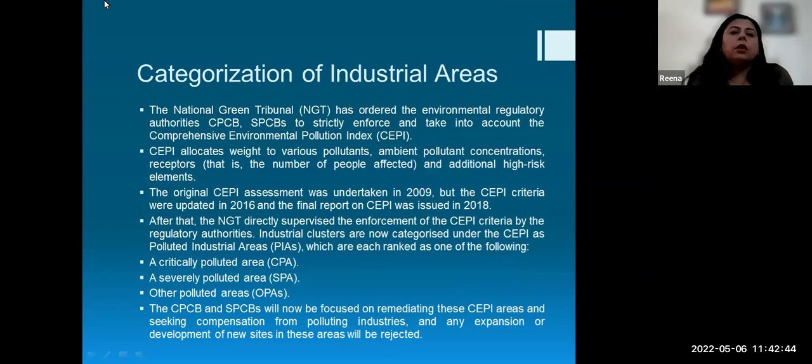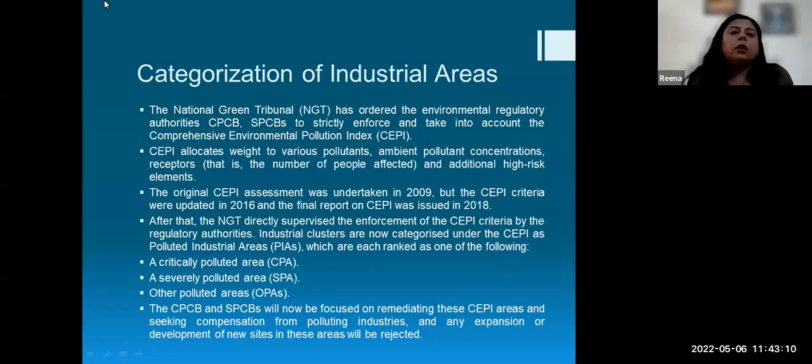All those pollutants have been given some credits or weightage. Dependent on that weightage and the receptors, the number of people affected in that area, additional high risk elements were also added. So these were all used in the government calculation of the Comprehensive Environmental Pollution Index.